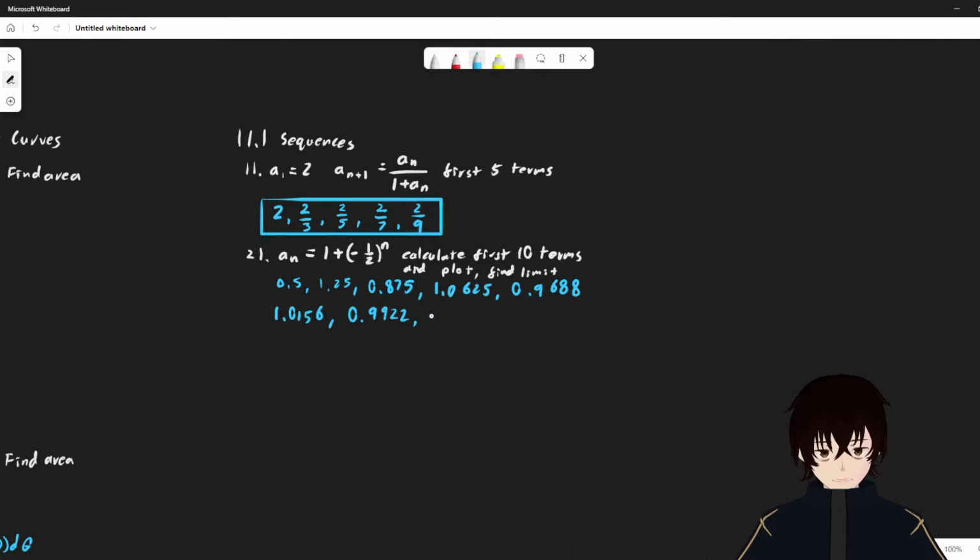Term 8 is 1.0039. Term 9 is 0.9980. And finally term 10 is 1.0010.